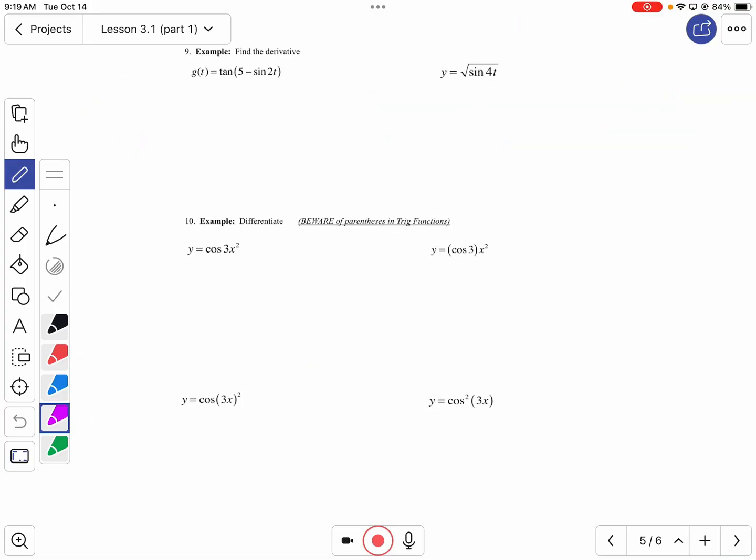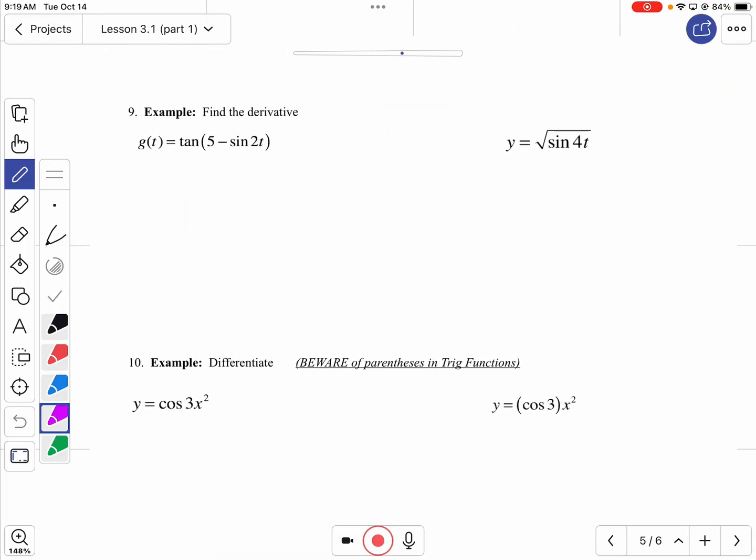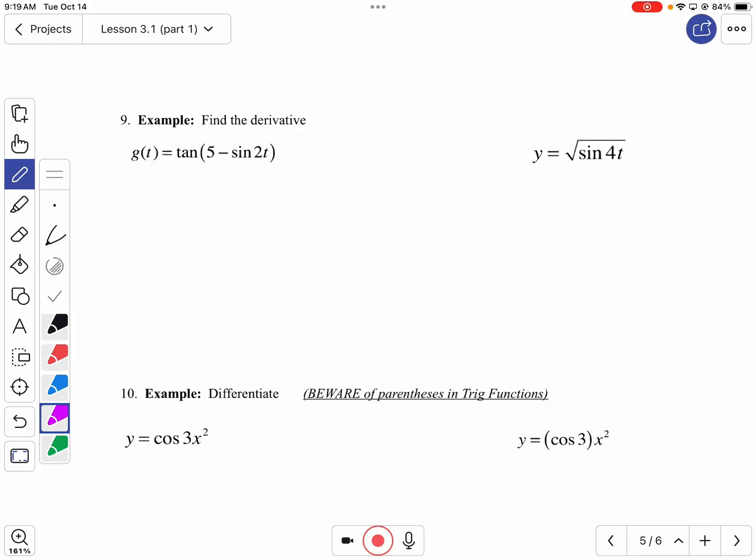So here we go. And the place where you see multi-link chains the most is within trig functions. All right, so just as a heads up, that's where you might want to look, okay? Anytime we have a trig function with something other than just an x inside of it, it's a chain. So that might be something you want to write down.